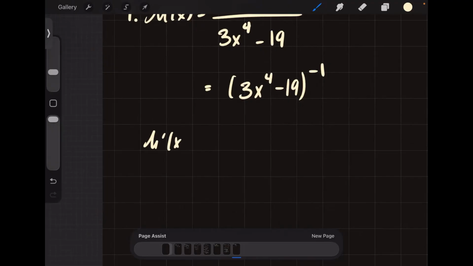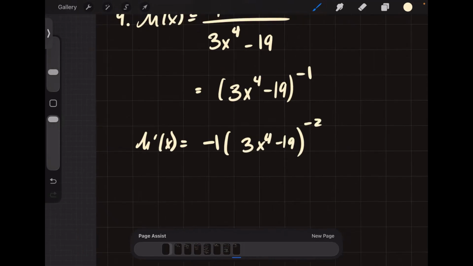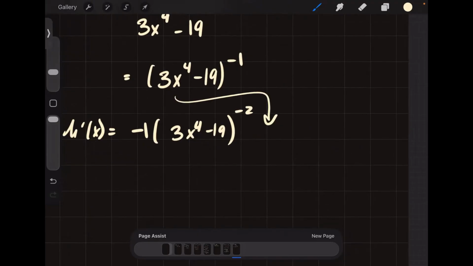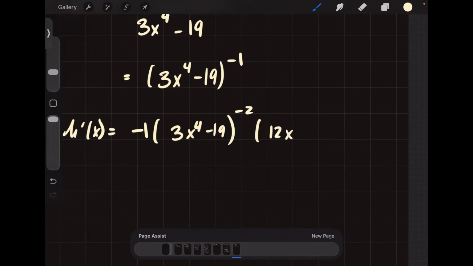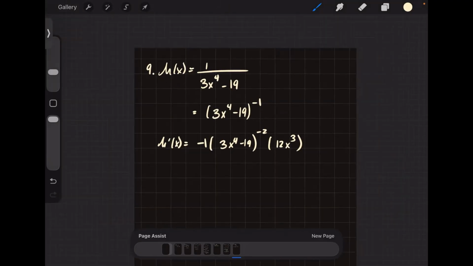h prime of x is equal to the derivative of the outside, right? Negative 1. Leave the inside alone. Exponent minus 1 is negative 2. Write the inside in, right? Derivative of the inside. That'll be power rule here, 12x to the 3rd, and this guy becomes 0 because it's a constant.